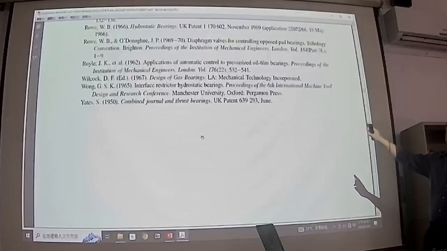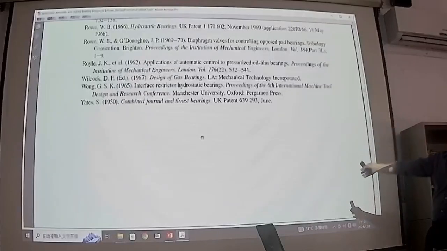I think at least two university libraries have this book. One is Taiwan University, and another one is Chengkong University. And two other institutional libraries have this book.